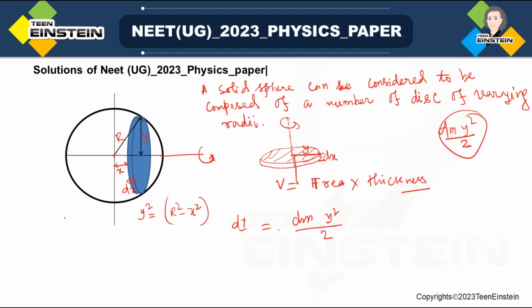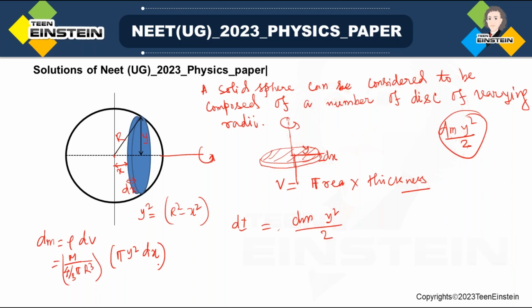But what is dm? dm can be calculated as rho into dv. What is dv? dv is the volume of the elementary disk. Rho is the total mass of the sphere divided by the total volume of the sphere, and dv is pi y square into dx.